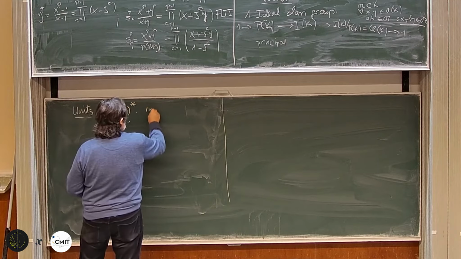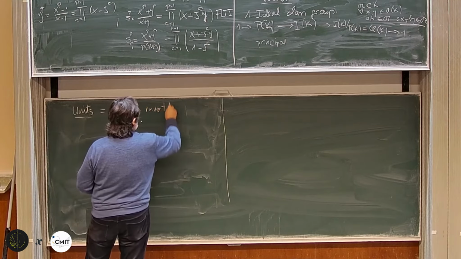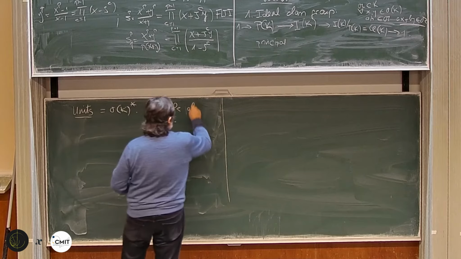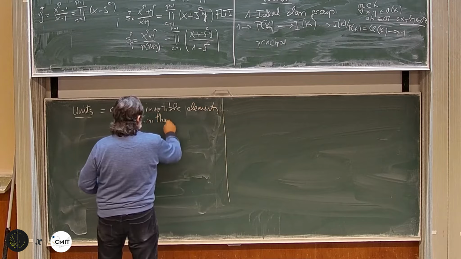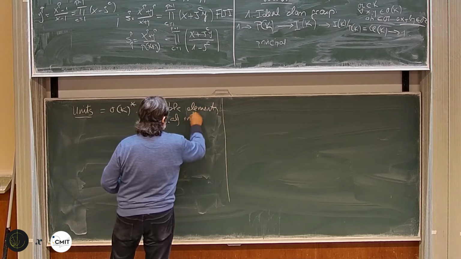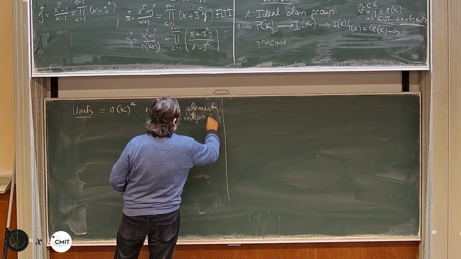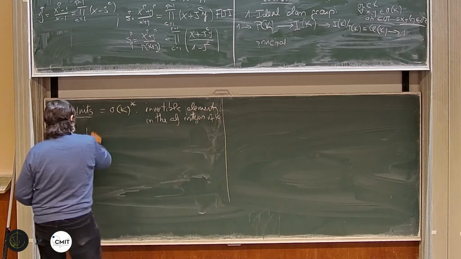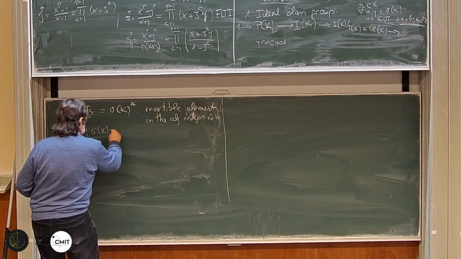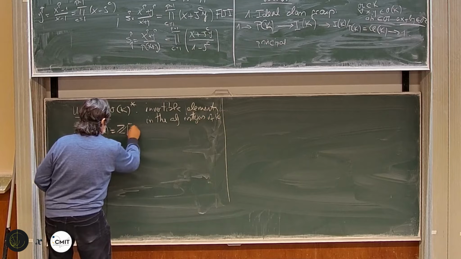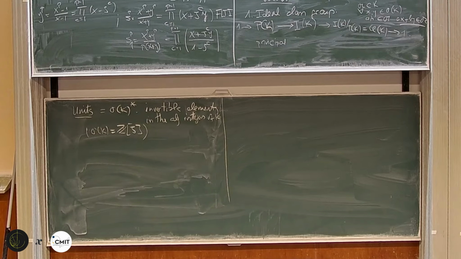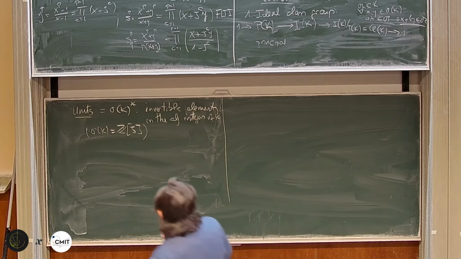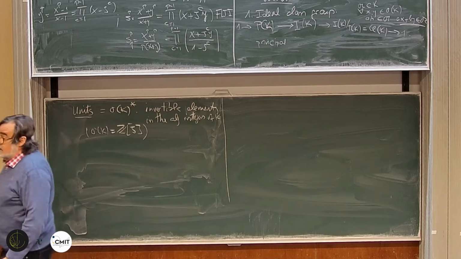These are the invertible elements in the algebraic integers of K. In our case, just to make things simple, the algebraic integers of our cyclotomic field are simply the ring generated by the powers of the root of unity.